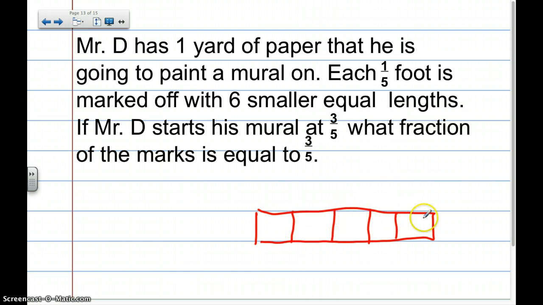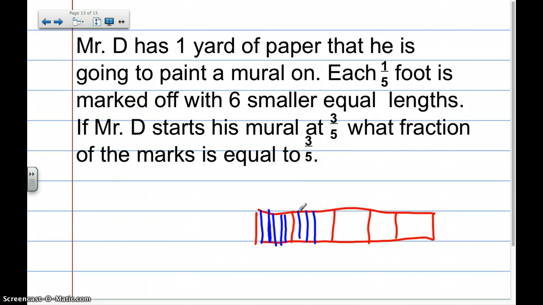1, 2, 3, 4, 5. And I know that each one of these is going to be split into 5 pieces, or 6 pieces, sorry. 1, 2, 3, 4, 5, 6.